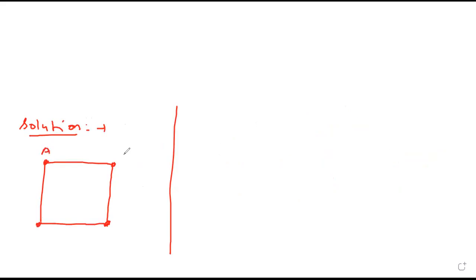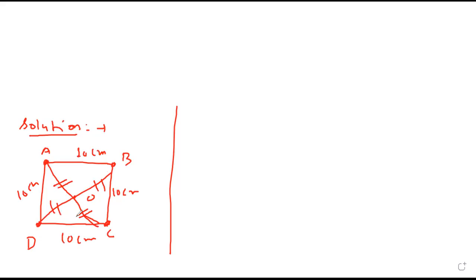Suppose I name these A, B, C, D. We want the intensity at center O. Each side is 10 centimeter. Are all the distances OA, OB, OC, OD same or different? Same, correct? Because center means it is the point of intersection of the diagonals.